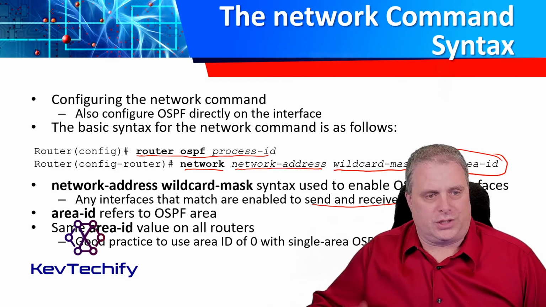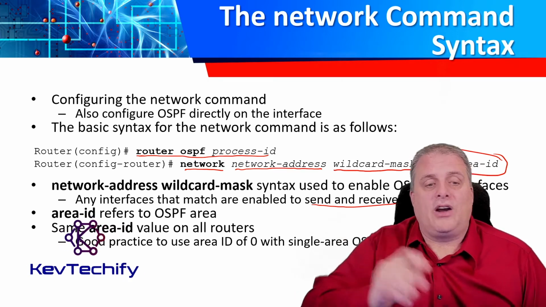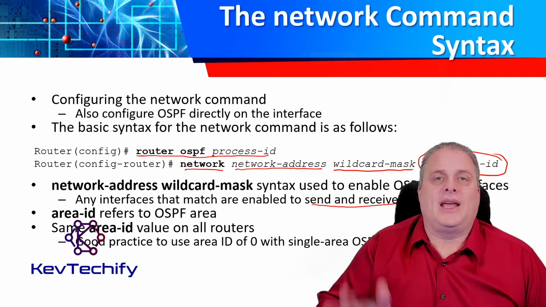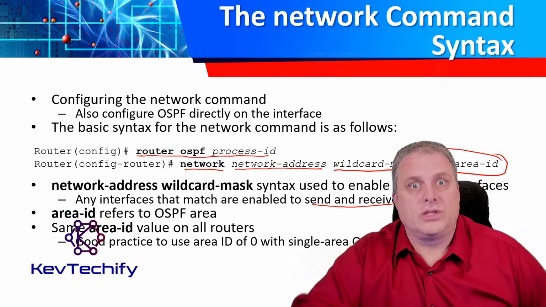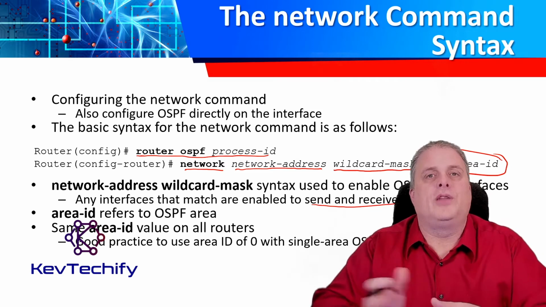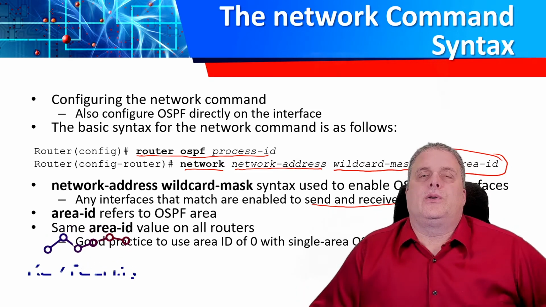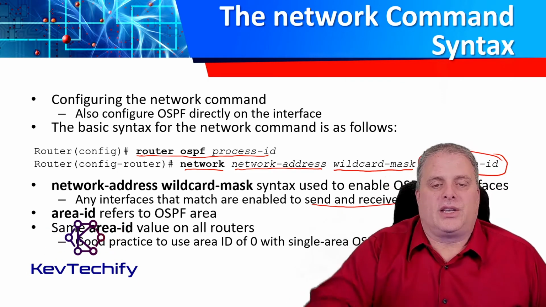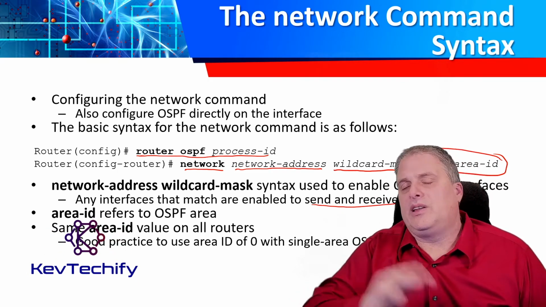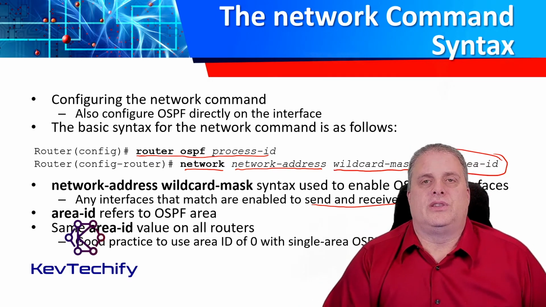Area ID refers to the OSPF area it belongs to. That area ID can be any value, but it has to be the same on all routers in your OSPF area, so they all need to match so they know they can communicate. Typically, in a single area OSPFv2 network, the best practice is to use area 0. Technically, you can use anything, but best practice is to use 0.